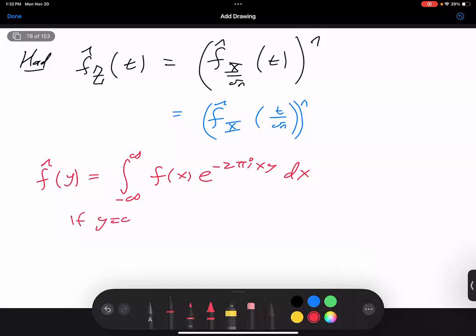If y equals 0, f hat of 0 is just the integral from minus infinity to infinity of f of x dx. What does that equal? It just equals 1, right? Because we're integrating a probability density, as f is a density.